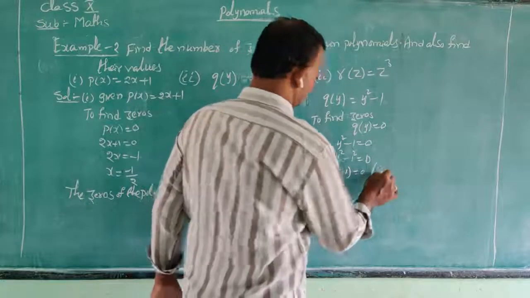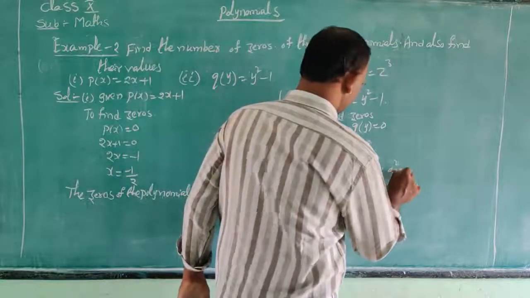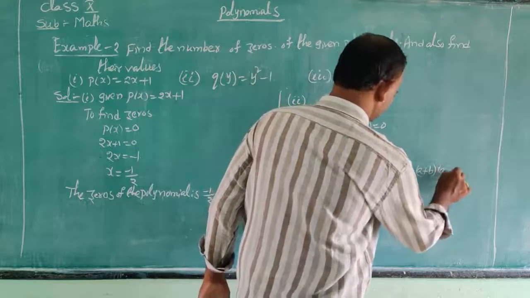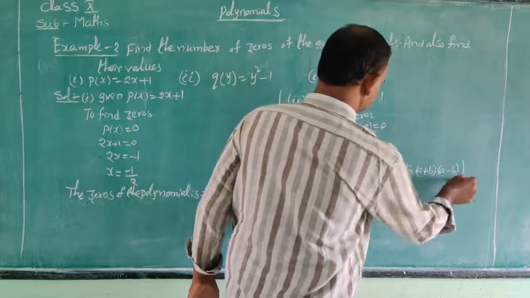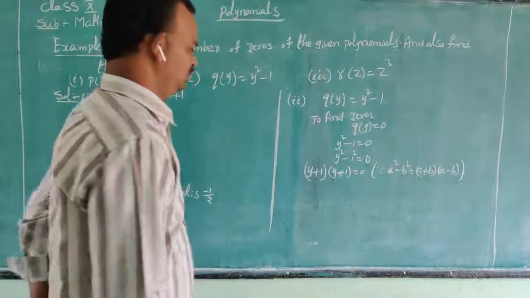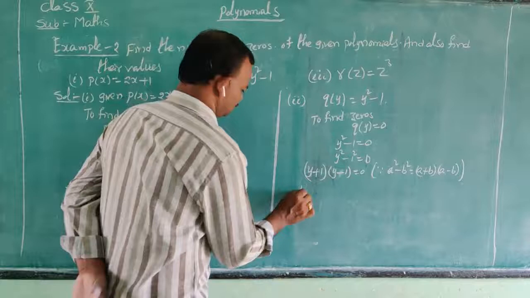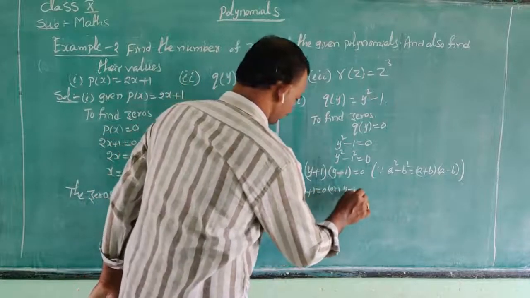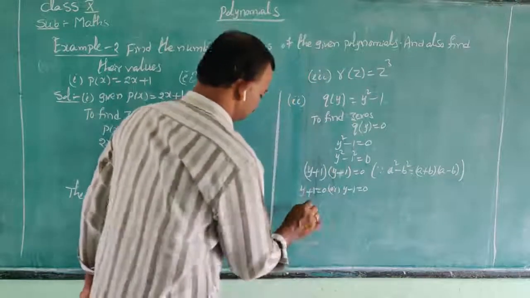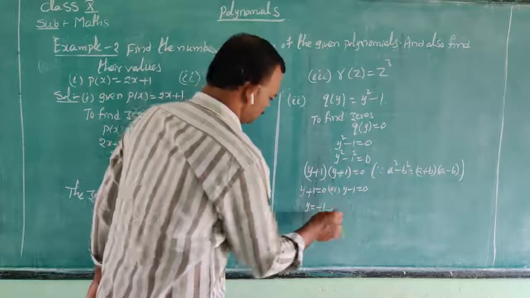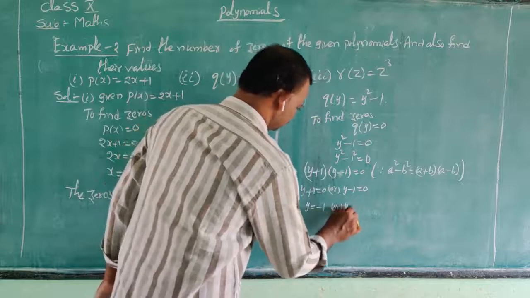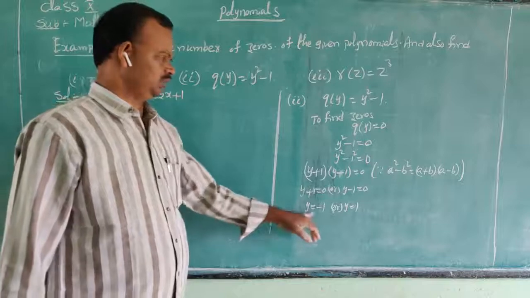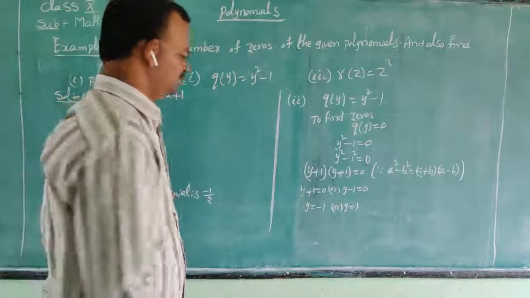Here we are using the formula a square minus b square is equal to a plus b into a minus b. We are equating with 0. That means y plus 1 is equal to 0 or y minus 1 is equal to 0, so y is equal to minus 1 or y is equal to plus 1.